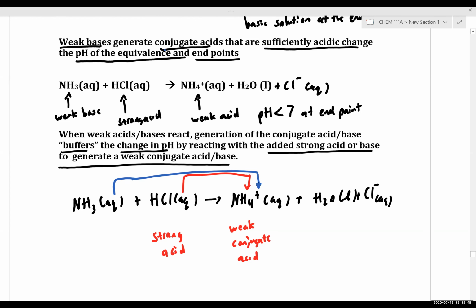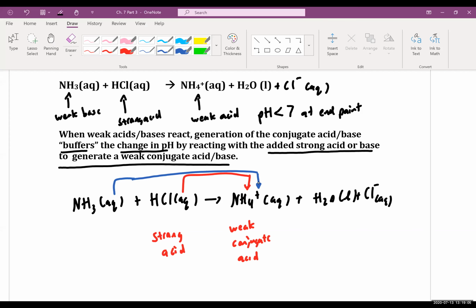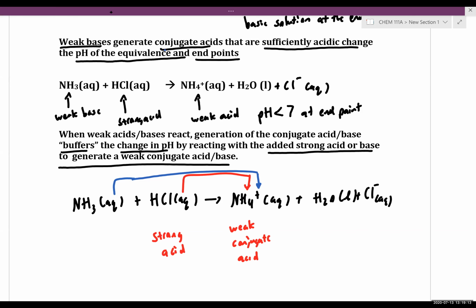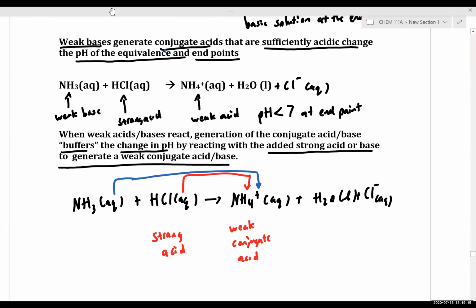So the way that weak acid and weak base solutions mitigate changes in pH is by converting our strong acid via a reaction into a weak acid. And because a weak acid doesn't change the pH of our solution so much, when we titrate a weak acid or a weak base, we don't see dramatic changes in pH until we reach very close to our endpoint.